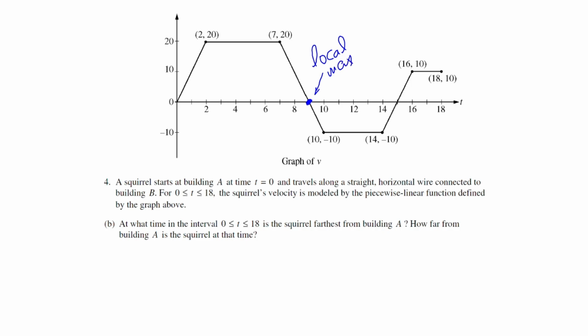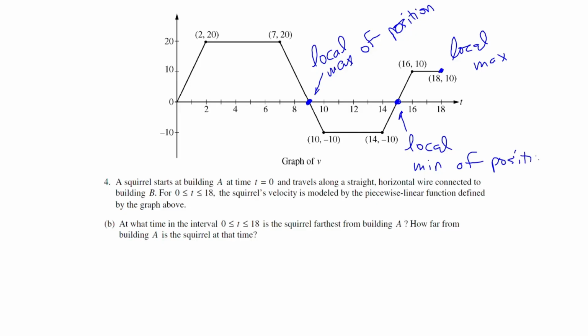So we're getting closer after that from 9 to 15. This is going to be a local min. And then right here at the end, there's going to be another local max. And we'll say local max of the position, local min of the position, and another local max of the position.